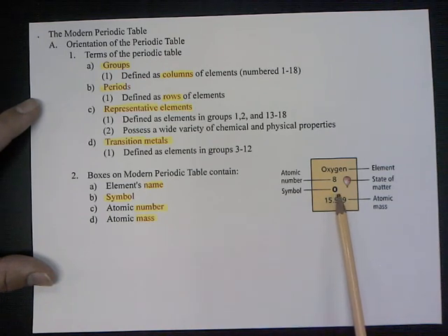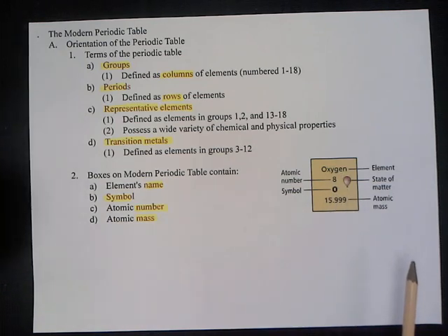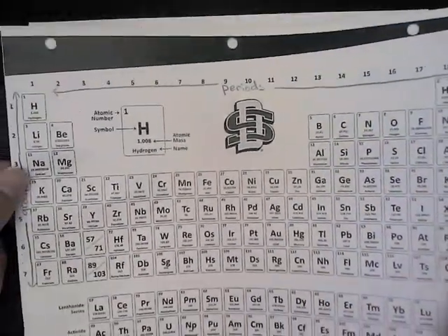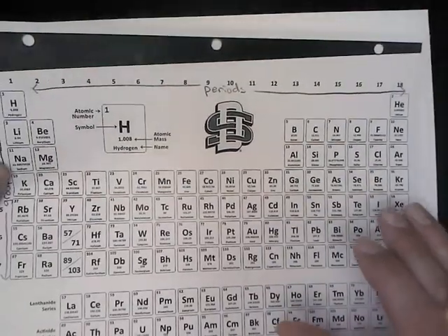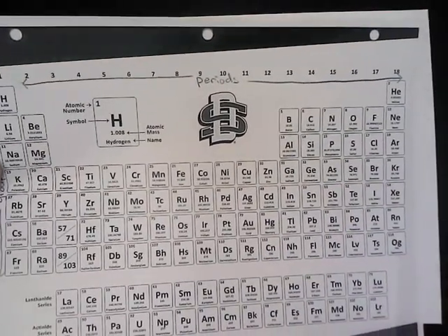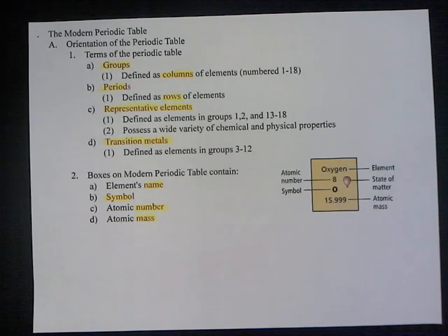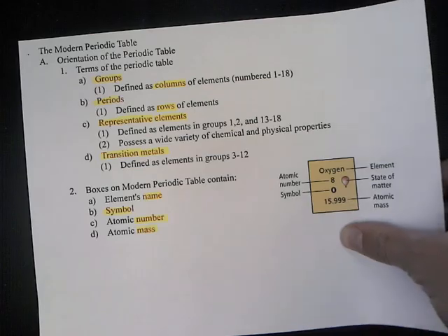You're going to find the elemental symbol, which is a 1 or 2 letter way to represent the element we're discussing. We're going to find the average atomic mass, and you're going to find the element name spelled out on the periodic table. So again, keep this periodic table handy because we are going to be utilizing it throughout this particular lesson and section.